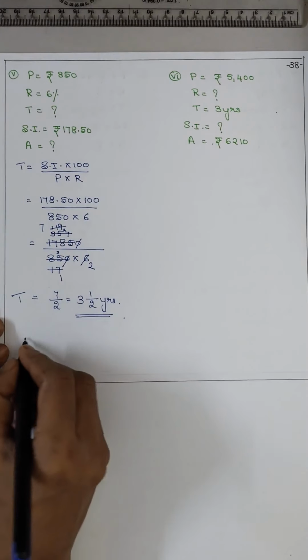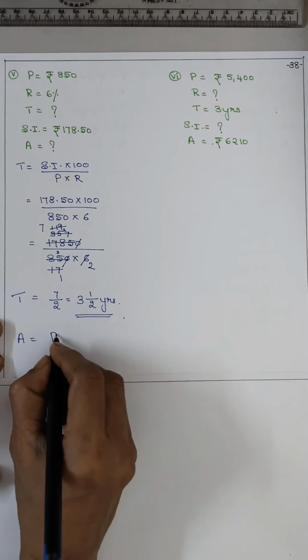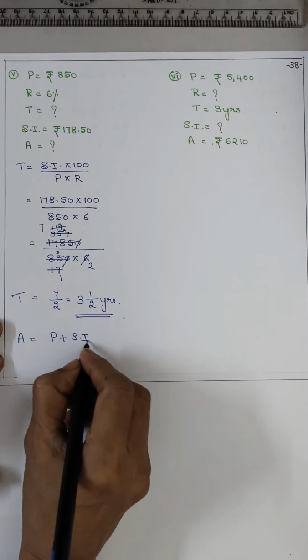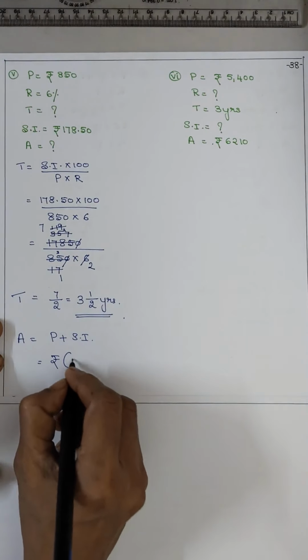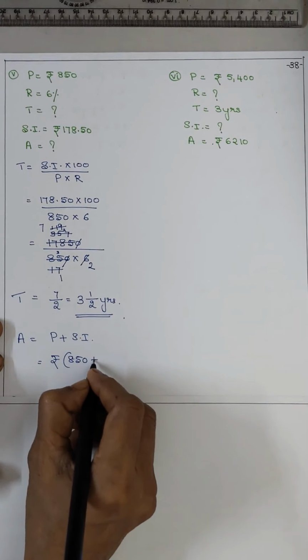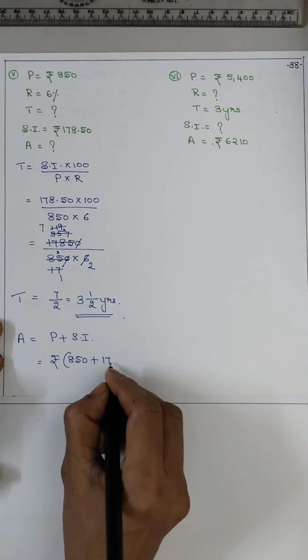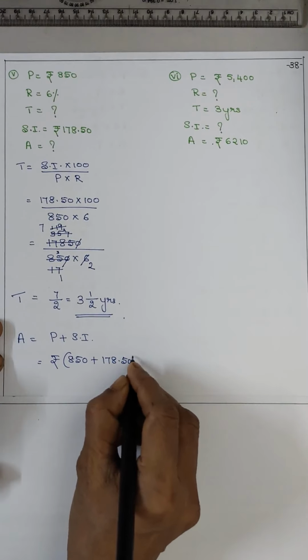Now they have asked amount, that is principal plus SI. Principal, how much? 850 plus SI is 178.50.